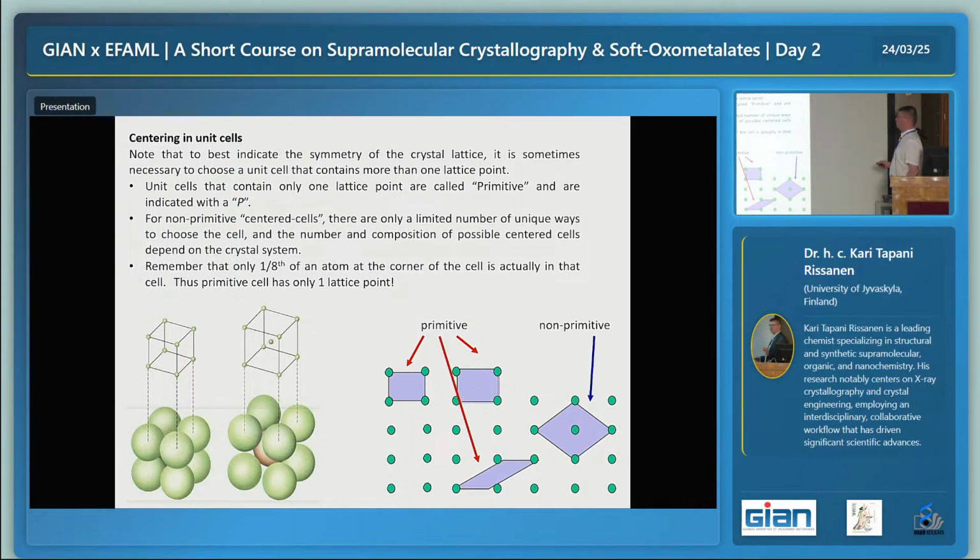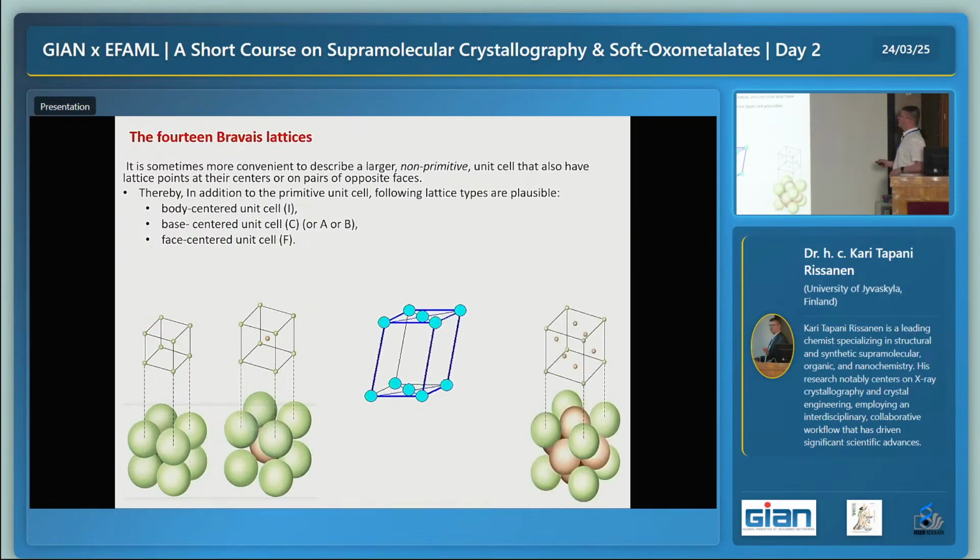The number of possible centered cells depends on the crystal system. Now we have 7 crystal systems, and each of them, in theory, could contain additional lattice points like this, but some cannot. Let's see what happens. It already says here that we can create 14 possibilities, 7 plus other 7, and this is actually what we do.